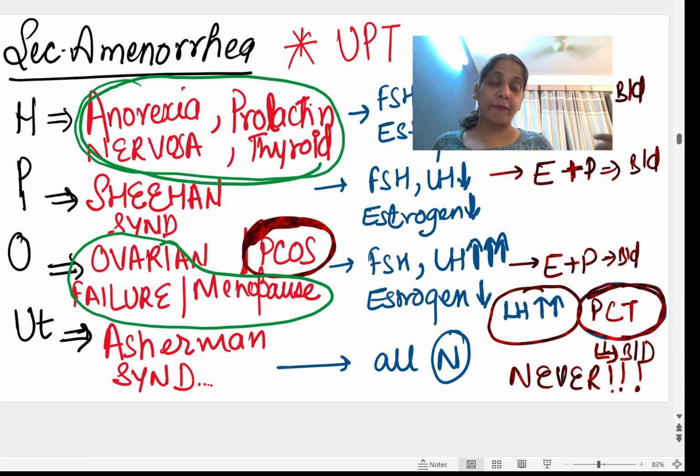It's very simple. See, when we give estrogen and progesterone orally, that estrogen and progesterone act on the hypothalamus, and due to the negative feedback, it blocks the hypothalamus HPO axis. So the natural HPO axis gets blocked.